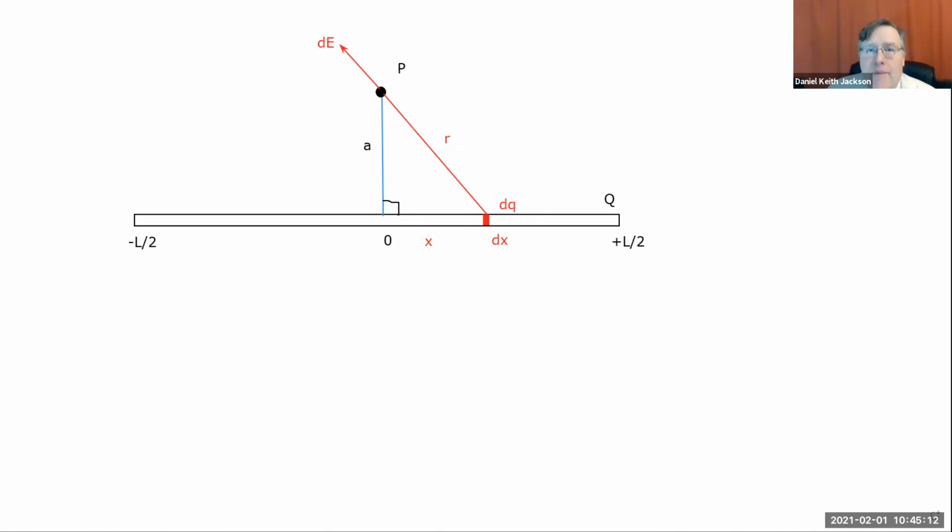And my next to last element is I need to have an angle theta. Now I can pick the upper angle, I can pick the lower angle. It doesn't really make a difference, but I need an angle theta. Now that angle theta will be matched by this angle here.